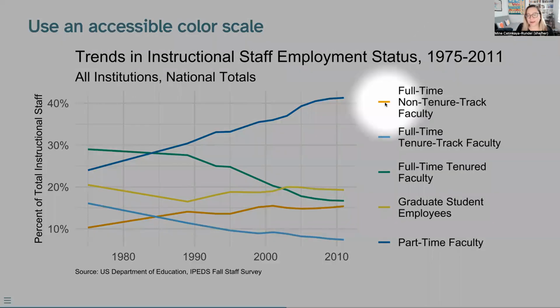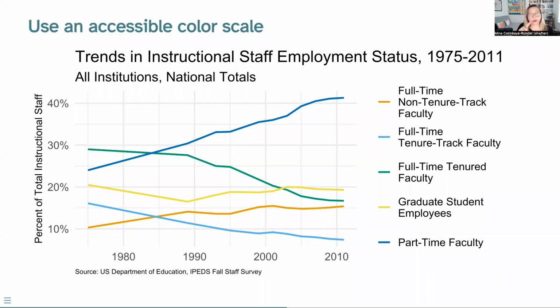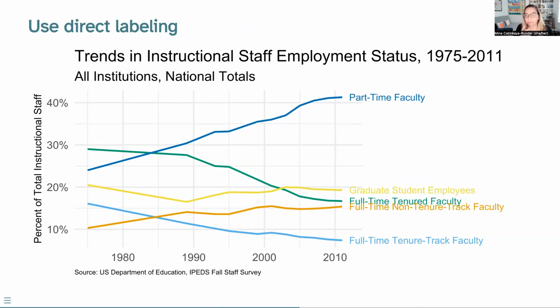The orange, for example, is on top here on my legend, but it's the fourth item going down the lines on my plot. So my eye has to go back and forth to see those. So instead, I can use direct labeling, where I'm labeling the lines with the type of faculty without the need for your audience to have to read a legend.